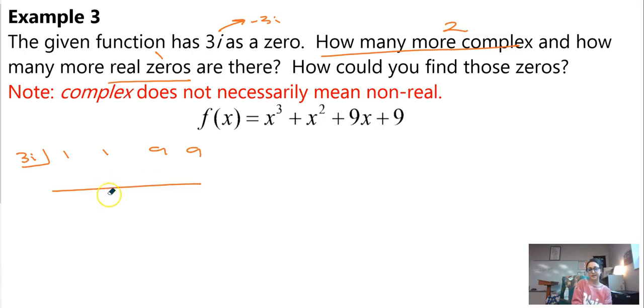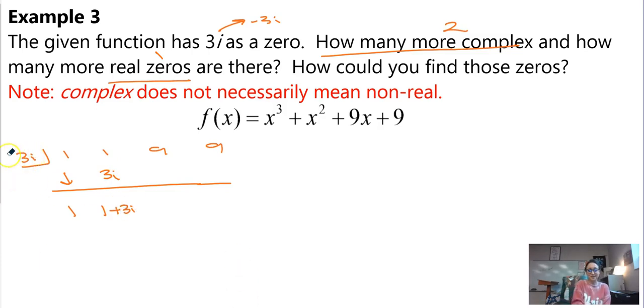And now let's do synthetic division. We're just going to have to be really careful because we have some imaginary pieces here, and we just got to be mindful. So we're going to bring down this 1, then we're going to multiply, so 3i. Now we're going to add, so it's going to be 1 plus 3i, right?